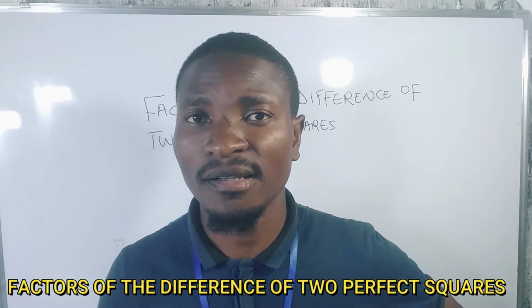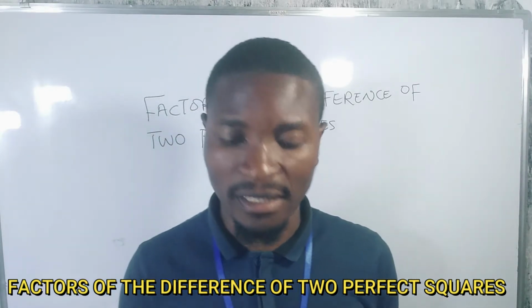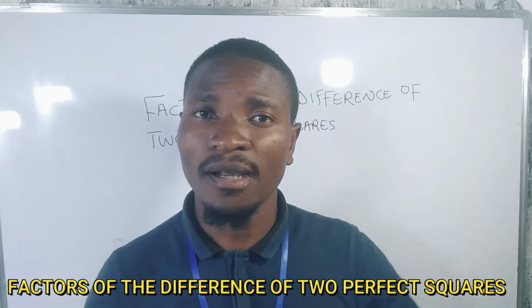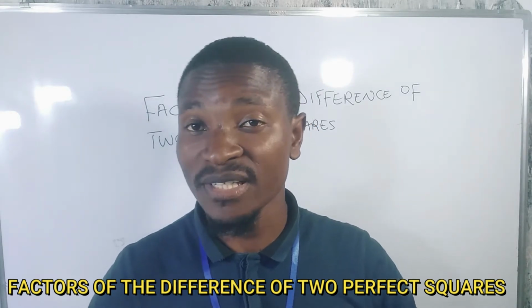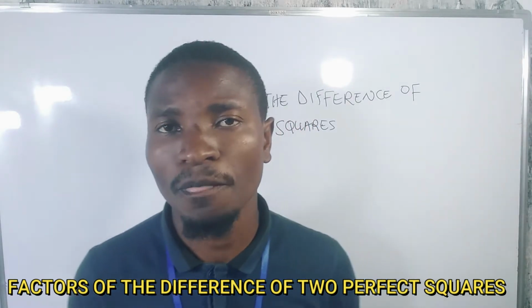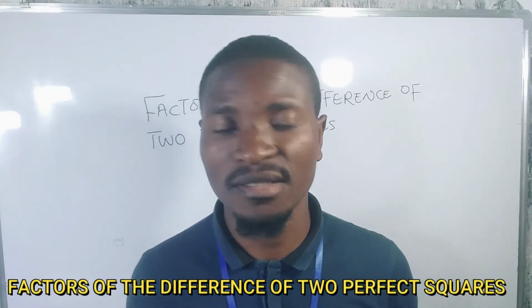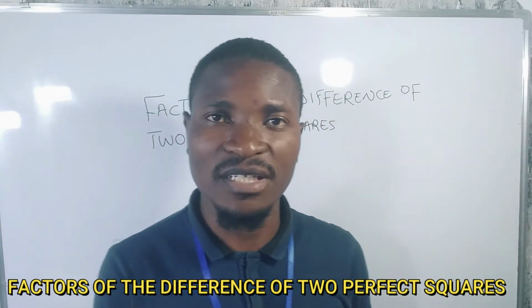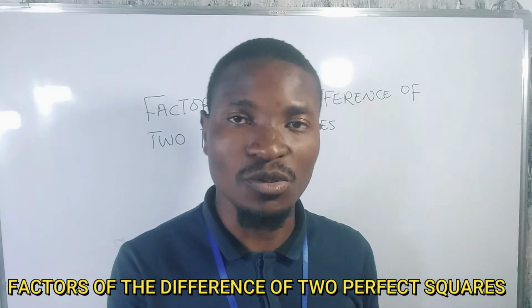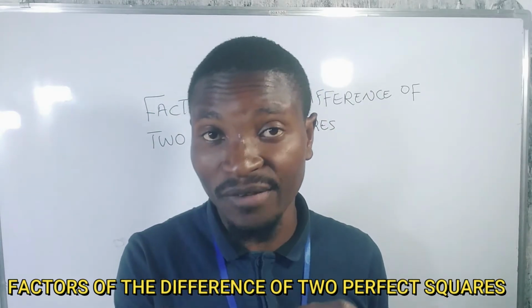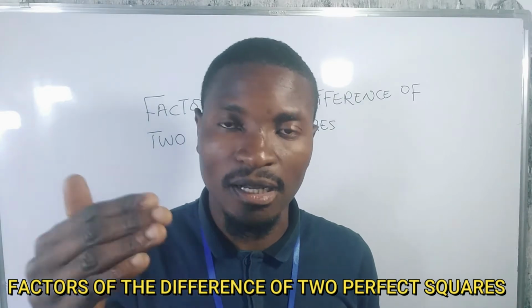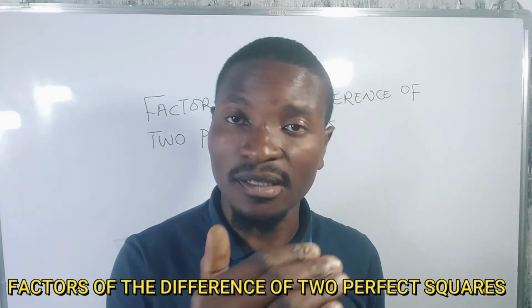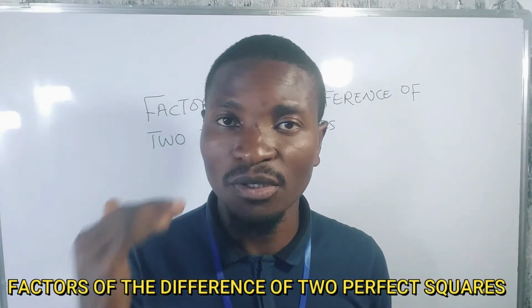My name is Mike, and in this video we are going to look at the factors of the difference of two perfect squares. We are going to see the concept behind it, meaning that given a certain binomial expression, what are some of the numbers that, when you multiply them, give you the same thing you were given. That is simply a way of finding the factors of a particular binomial expression.